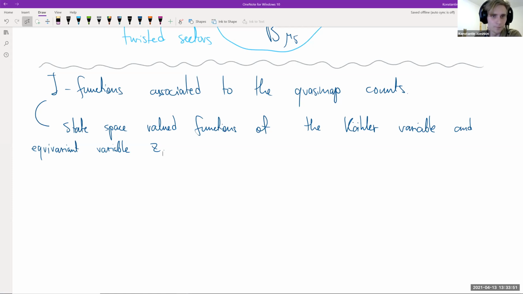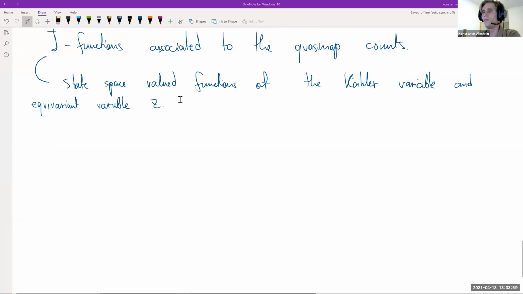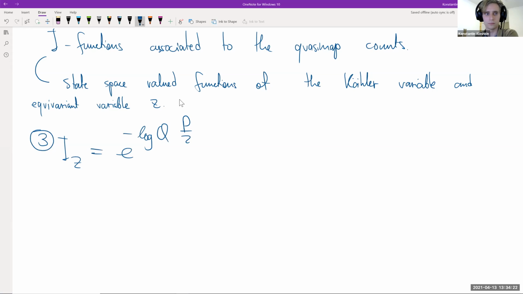Let me write the I function that is associated to the quintic threefold itself. This I function has been known since the early nineties, in fact, even before it got the name I function. So I'll explain the notations after I write the formula.